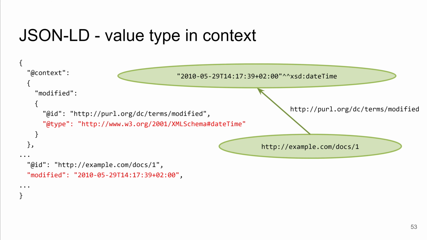Which means that in the regular JSON part of the data, we see modified and the standard XML schema datetime data type and nothing else. But the context tells us which predicate this is using and which data type this is using. And we know it's the XML schema datetime.